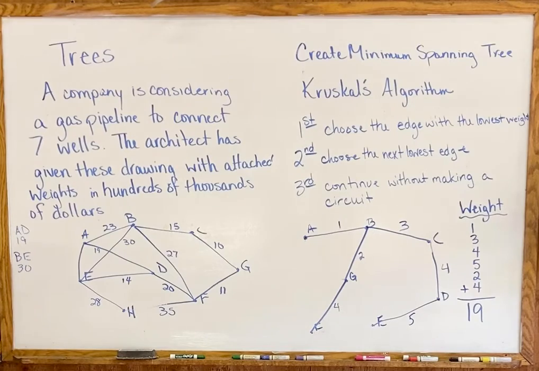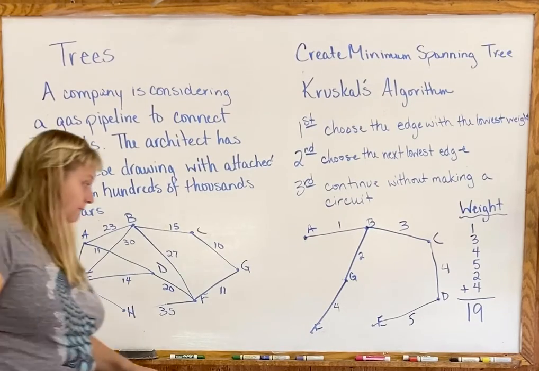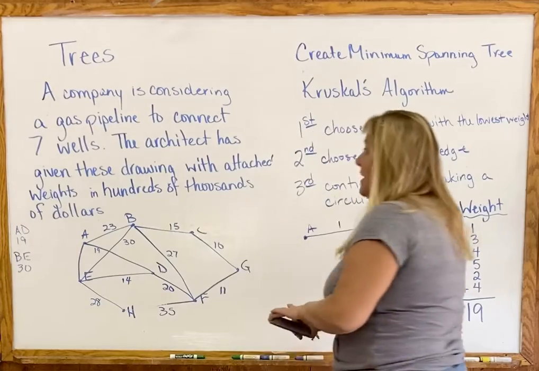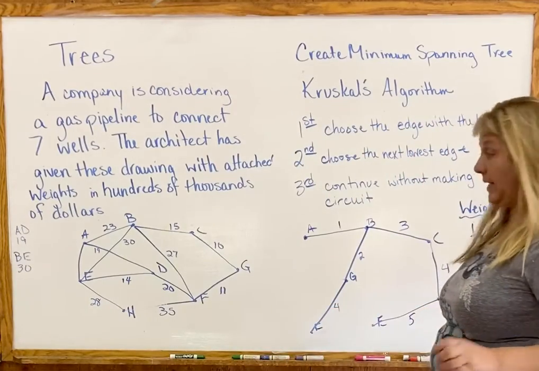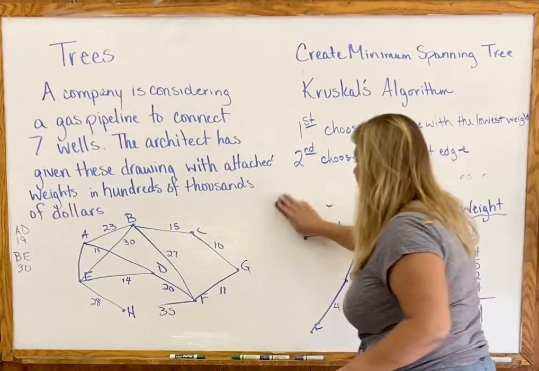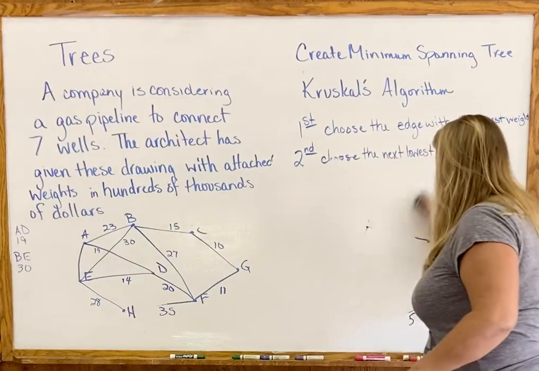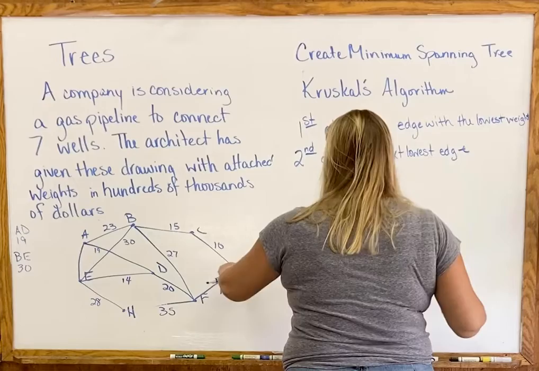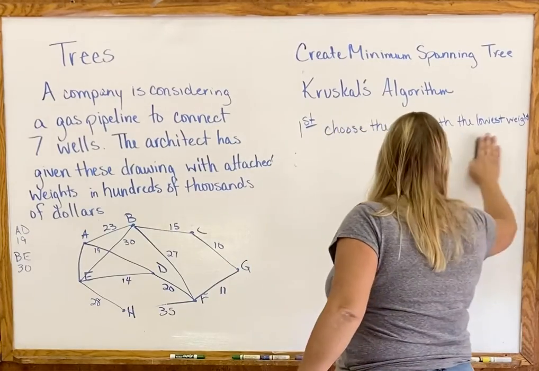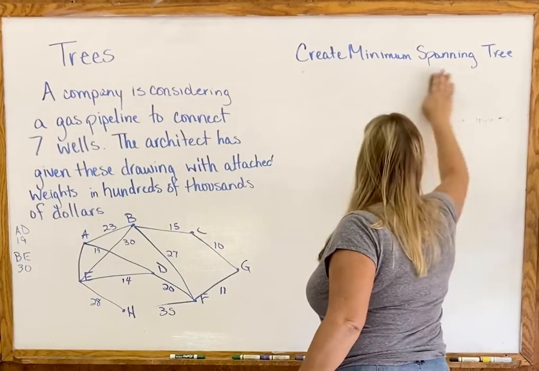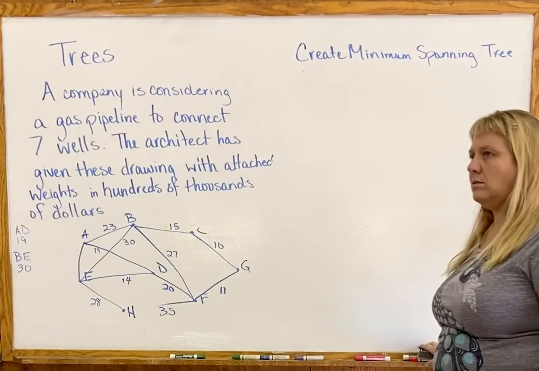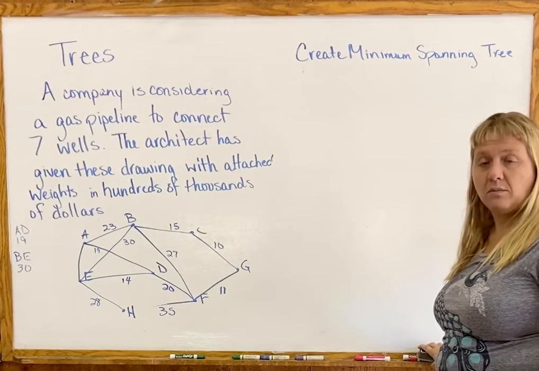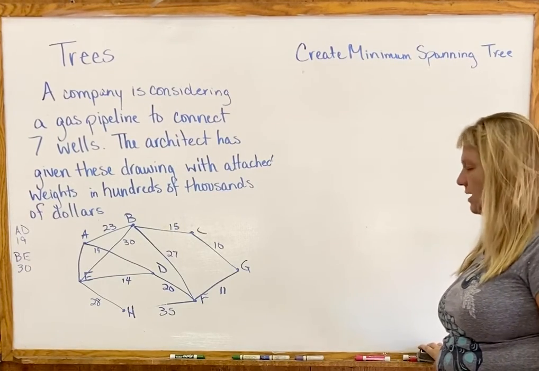Okay, so apparently it's very expensive to put in gas pipelines. Okay, so what we're looking at is that these measures, these weights, are in hundreds of thousands of dollars. So to go from Z to G is $100,000. Which isn't that $1 million? It seemed easier just to say it like that.